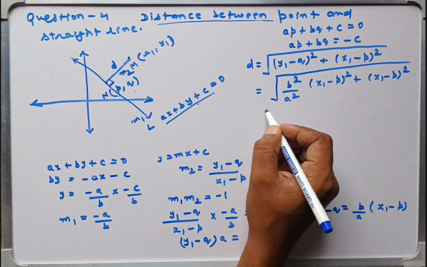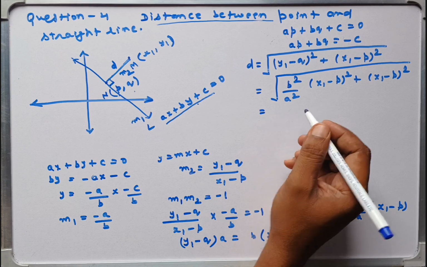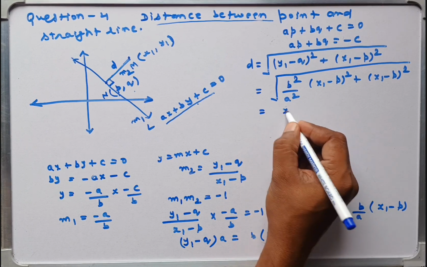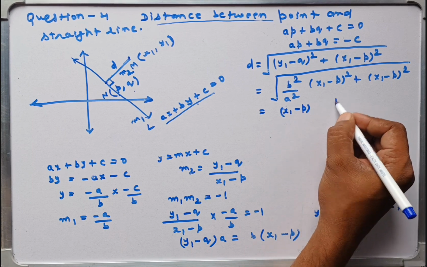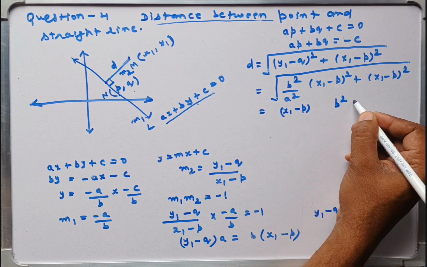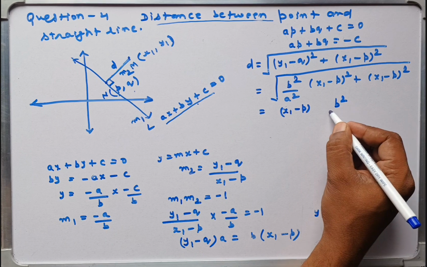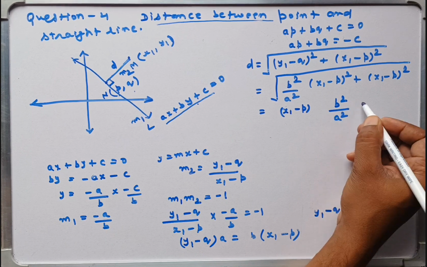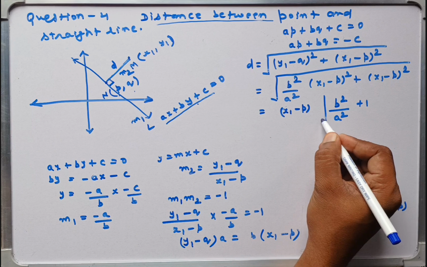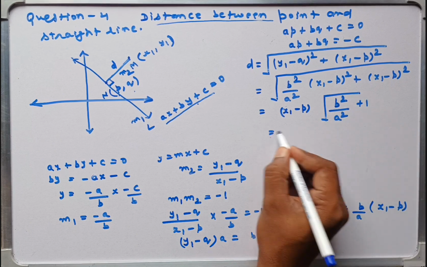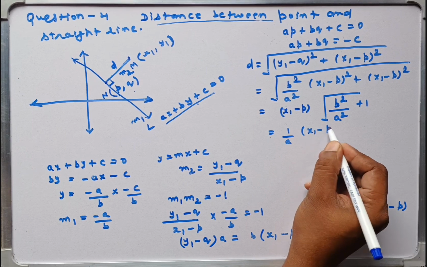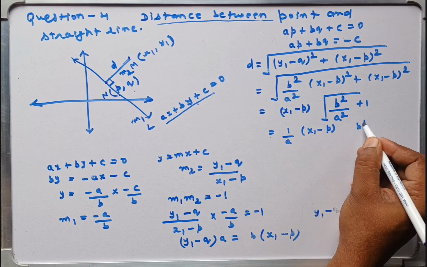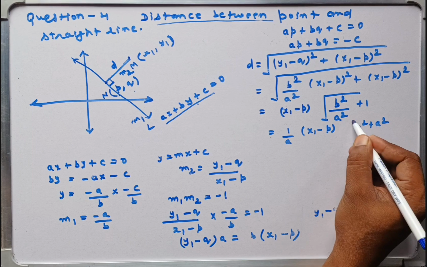So what you will get here, (x1 minus p) will be common, and this becomes the square root of b square divided by a square plus 1. Finally this is 1 by a times (x1 minus p) times the square root of b square plus a square.